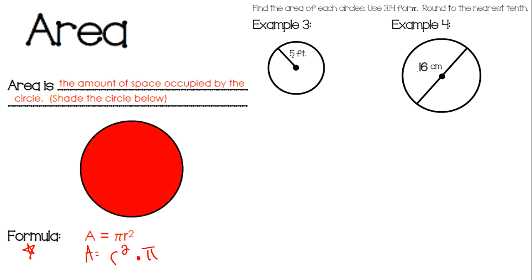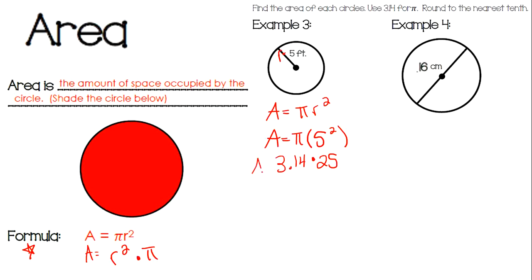Okay, so in this picture, for example, number 3, let's erase that. Sorry. We have a radius of 5, where r is equal to 5. So we have A is equal to pi r squared. So we're going to plug in 5 for r. So remember, we have to square this first, so it's going to be 25 times, and pi we're going to replace with 3.14.